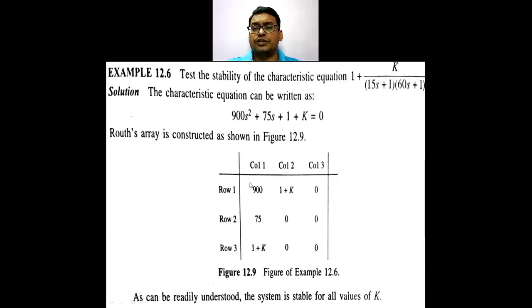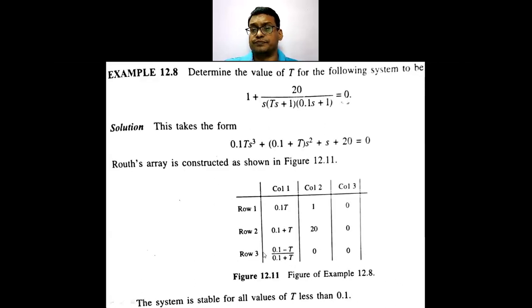So all the coefficients of the first column are non-zero and positive, so the system is stable for all values of k. Whatever the positive value of k, the system will be stable.